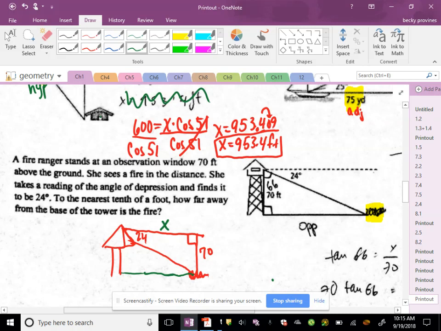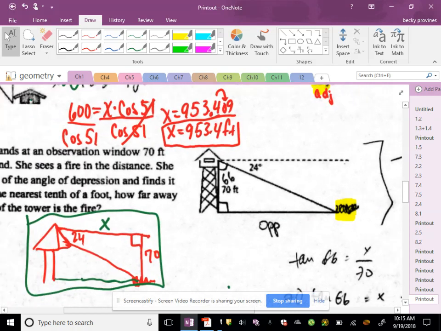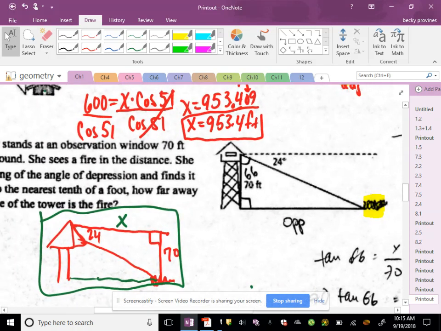Okay, now this ideally would be how the picture would be drawn, but it's not. So we have this picture, and that's the way it will be on your test. So you have to know that the 24 is up here. So how do I get 66? I take 90, and then I subtract 24, and I get 66. So this angle is 66 degrees.